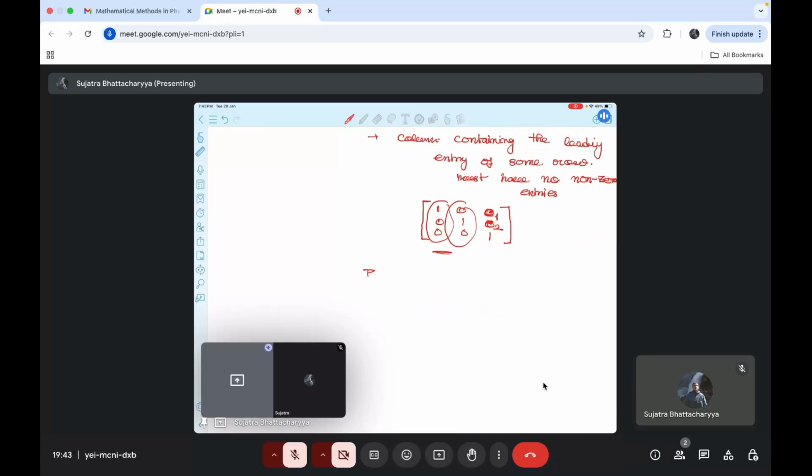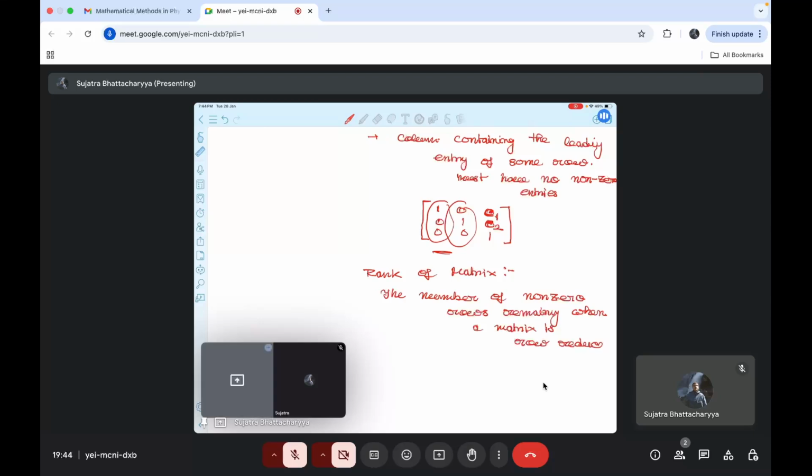Next is the rank of a matrix. The rank of a matrix is the number of non-zero rows remaining when a matrix is row reduced.